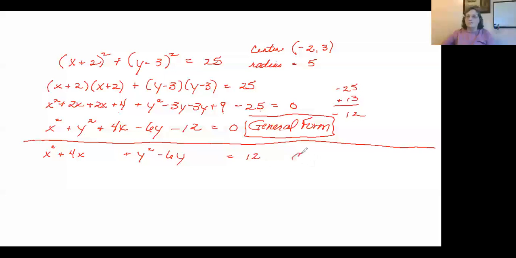There's a process called completing the square. This is based on knowing that squaring a binomial will give us the square of the first term, the square of the second term, and a middle term that consists of the product of the two of them doubled.